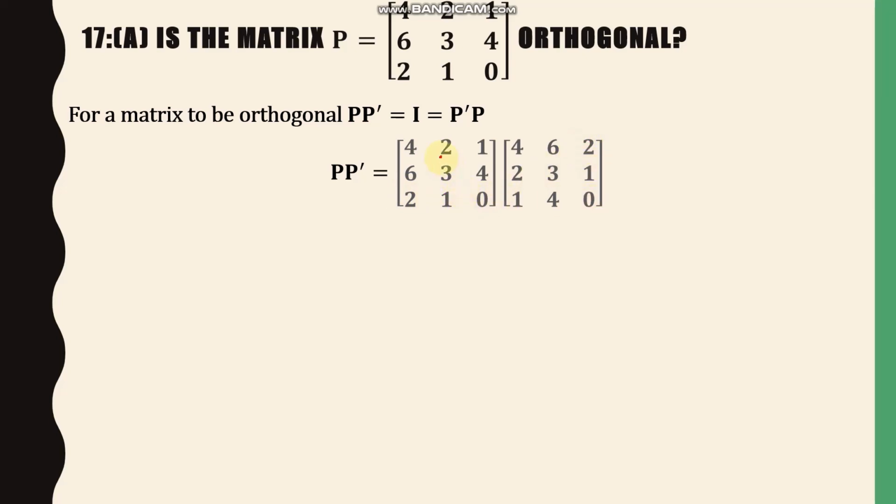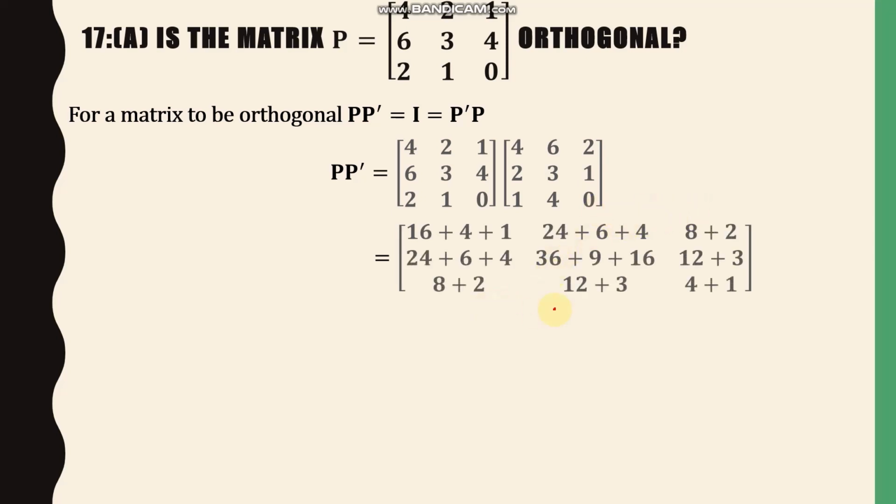So now let's multiply them. Multiply the first row with the first column, then the first row with the second column, the first row with the third column, like that. Everyone who is doing B.Tech right now knows how to multiply two matrices, right? So I don't need to explain matrix multiplication.